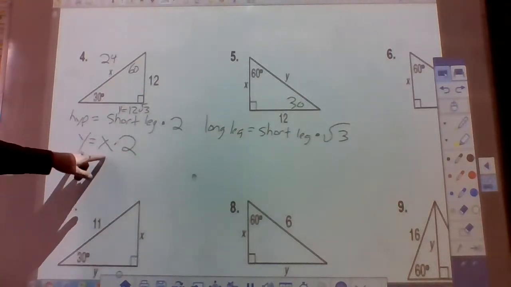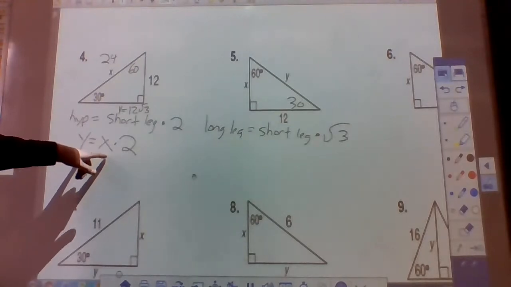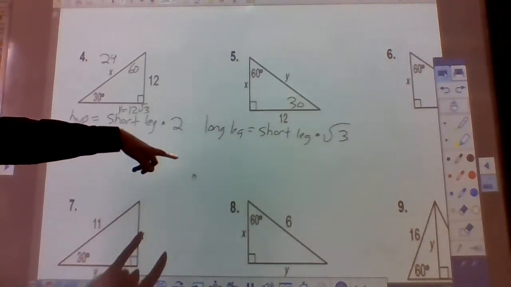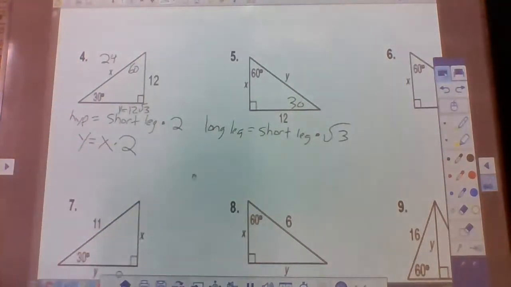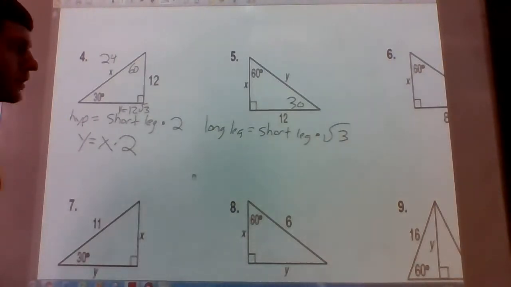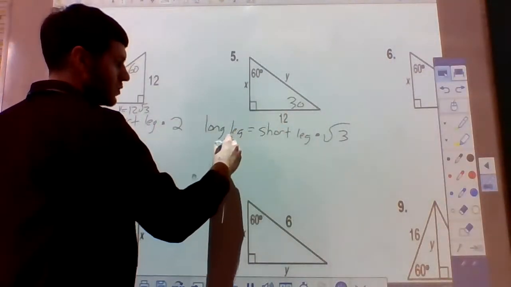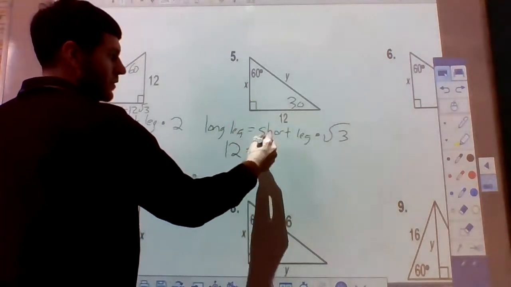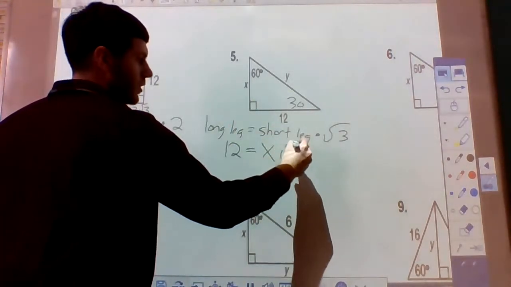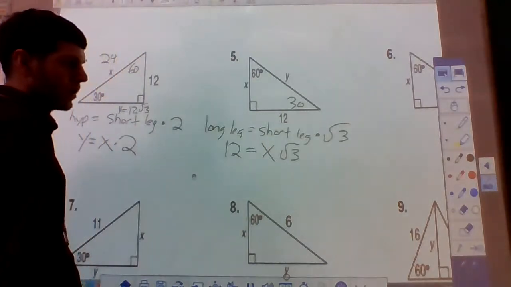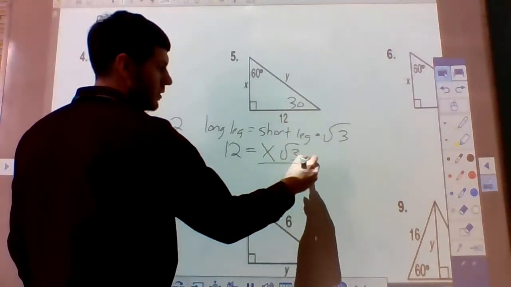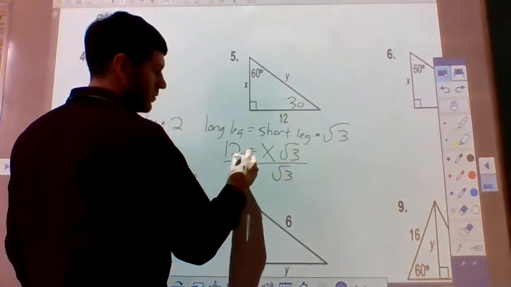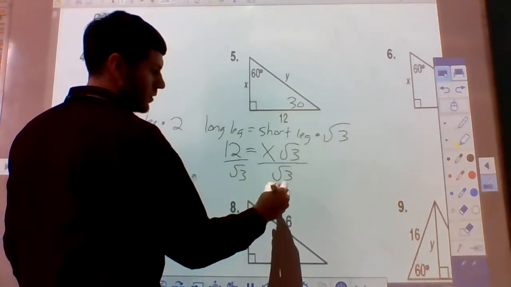That means we have 2 variables in one equation, so we can't solve for either x or y. Let's look at our other equation. The long leg is across from the 60 degrees. That's 12, equal to the short leg, x, times the square root of 3. To solve for x, we can divide by the square root of 3, and we're going to get x.